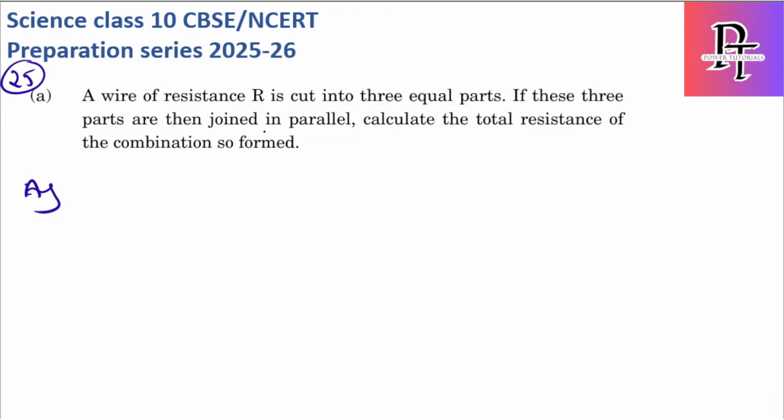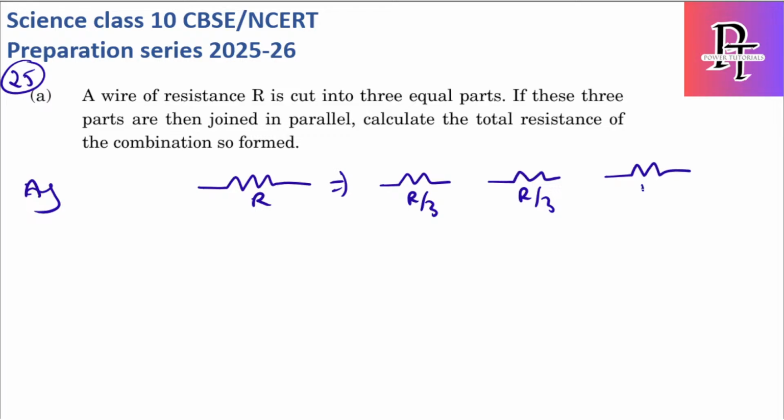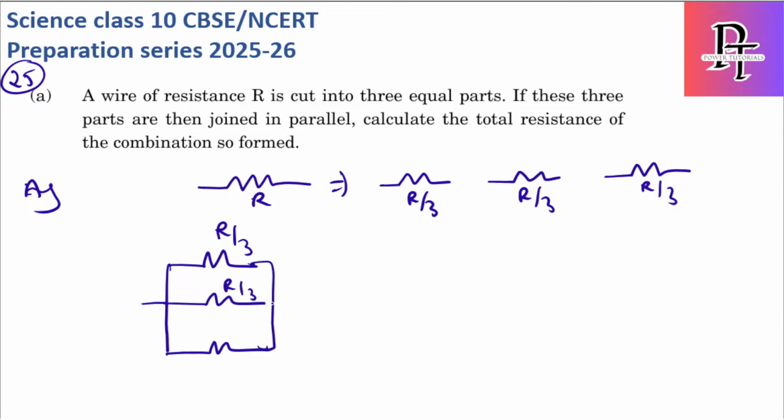Let's solve this. A wire of resistance R is cut into 3 equal parts, so each part is R by 3. If these parts are joined in parallel, we have three resistors, each R by 3. Find the total resistance of the combination.